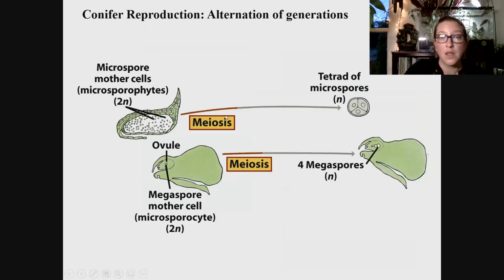So, as I said, the microsporangia is going to be where meiosis occurs to make the microspores. The ovule, which is right there, is going to be where meiosis occurs to make megaspores.